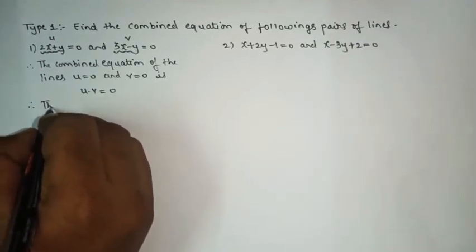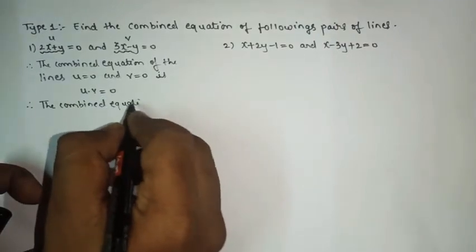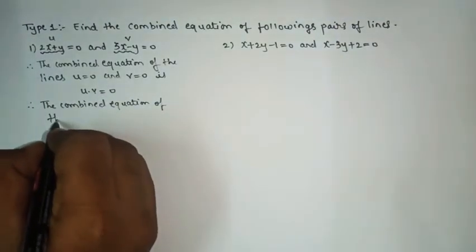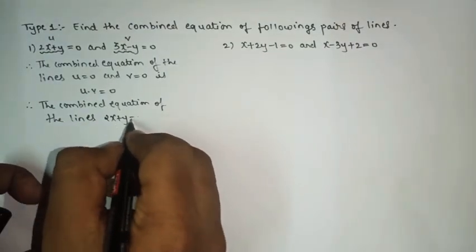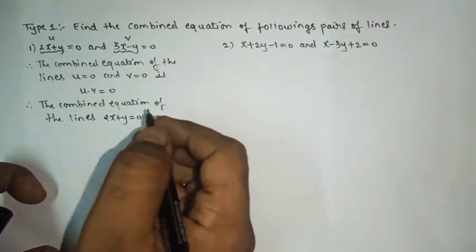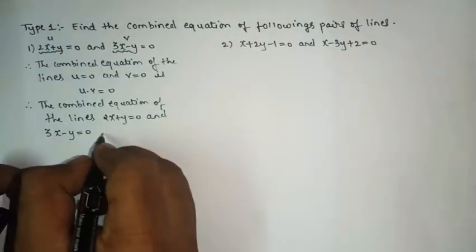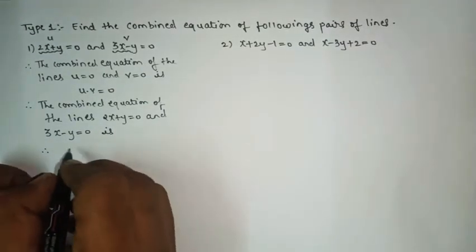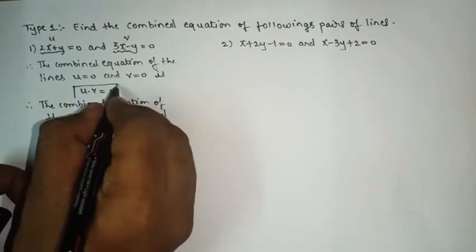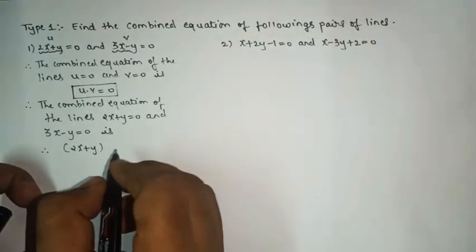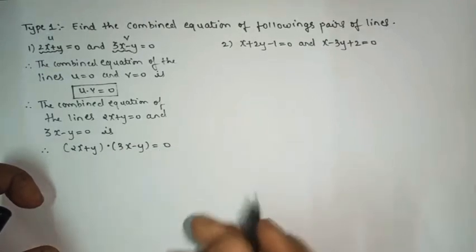That means the combined equation of the lines 2x plus y equal to 0 and 3x minus y equal to 0 is 2x plus y, that means u into v, 2x plus y into 3x minus y equal to 0.